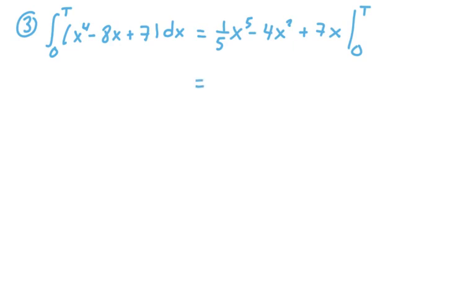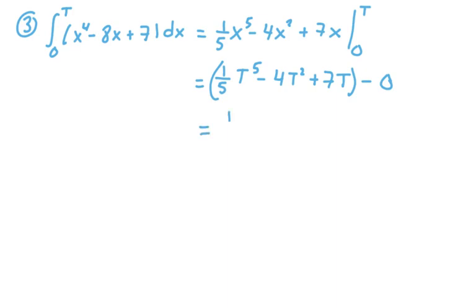And so if I replace x with t, I get 1/5 t to the 5th minus 4t squared plus 7t. If I replace x with 0, I get 0.